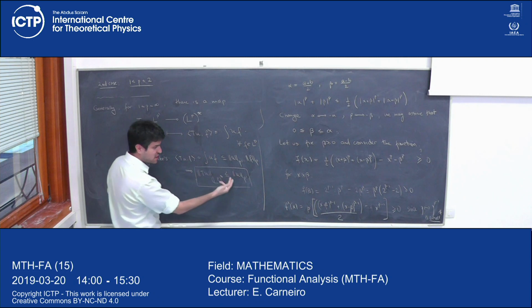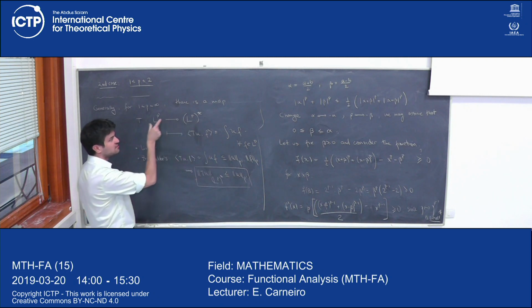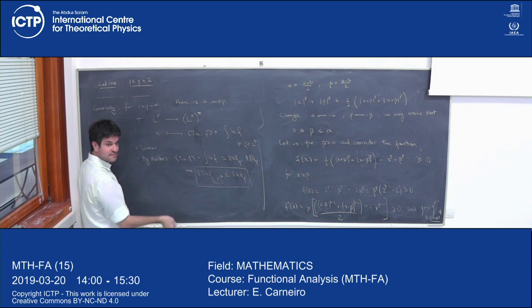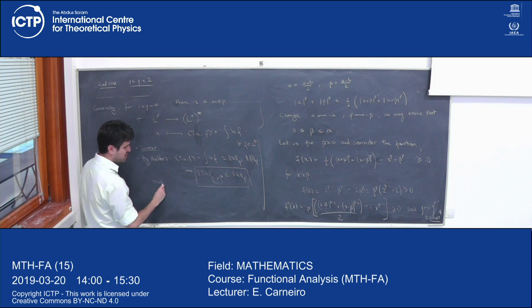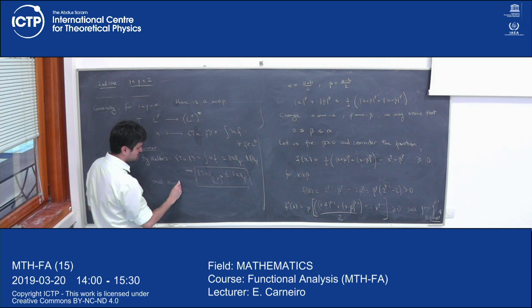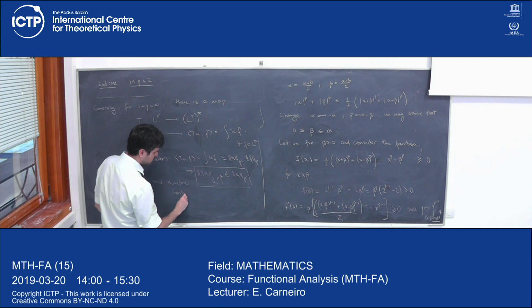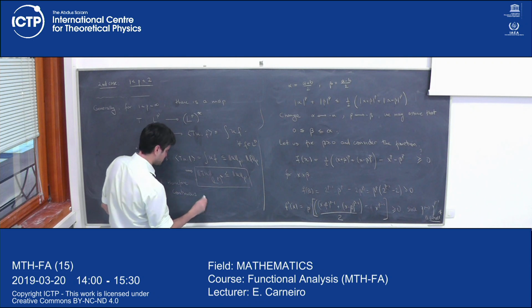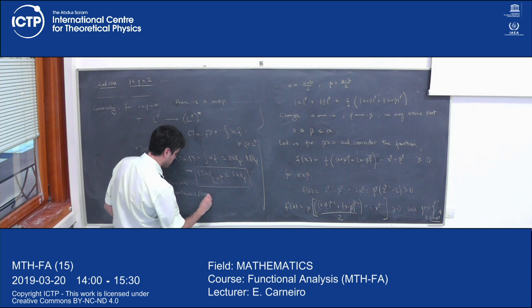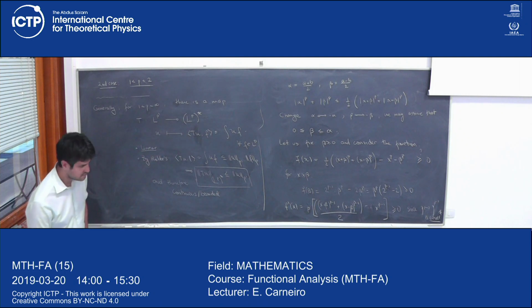It's linear and a bounded map. The norm on this side loses to the norm on this side. Okay, so this map is linear and therefore continuous. Bounded, right? Okay.